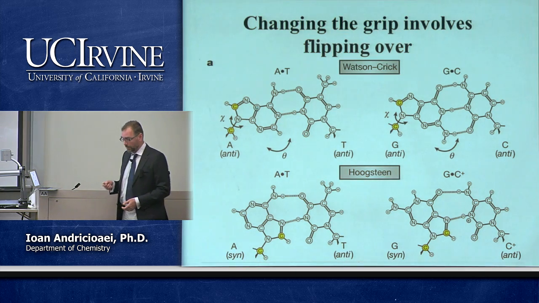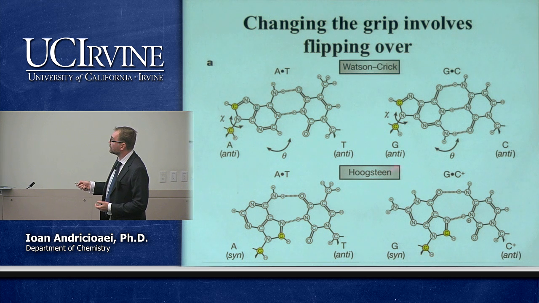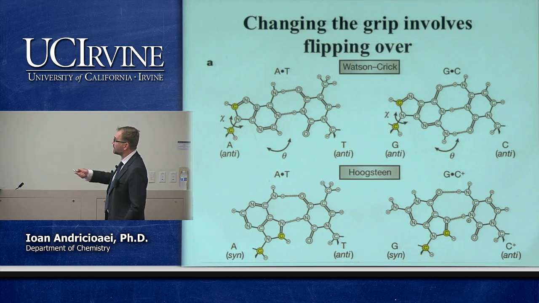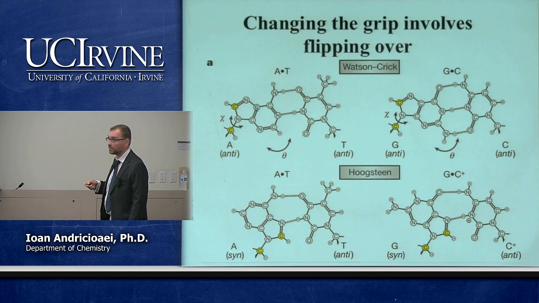In a closer look, that alternative hydrogen bonding pattern is called the Hoogsteen pattern, after the scientist who looked at this problem. So, for example, in a Watson-Crick situation, shown here in the upper left side, you have an AT with two hydrogen bonds, but then in a Hoogsteen base pair, you see that this 5-member ring actually flips over, and you produce a new hydrogen bond that didn't exist before.